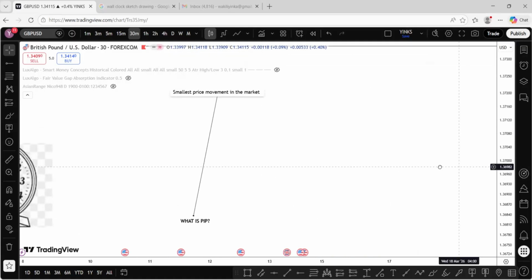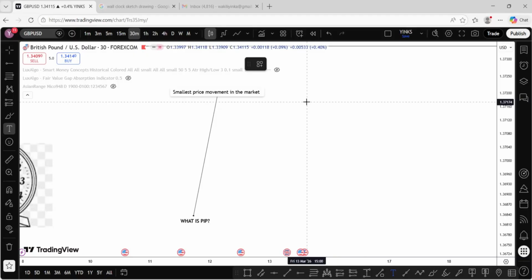So now, how do we know 1 pip, 2 pips, and all the rest? First of all, we have different formations of pips, how the pips are formed, how the pip operates, in different pairs. Some of them are in 4 decimal places, right?